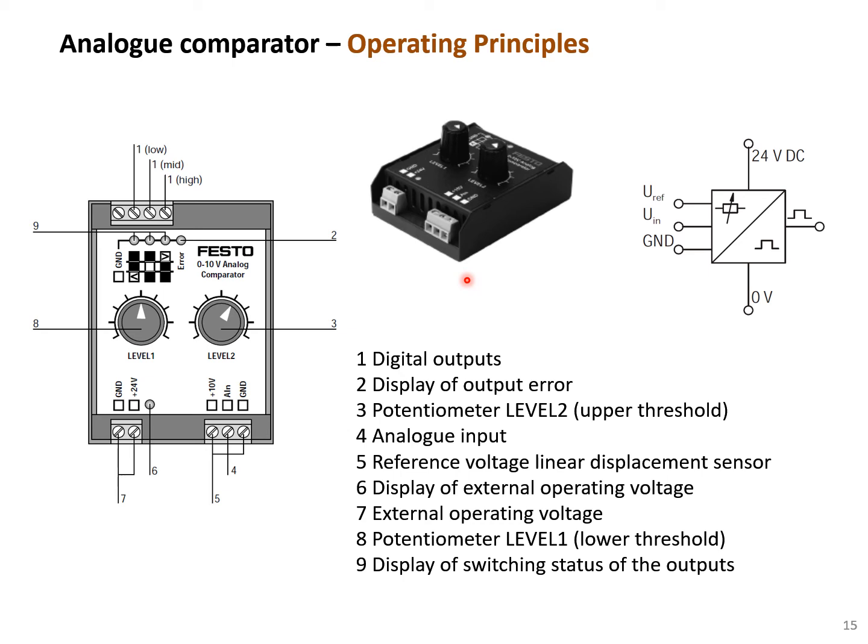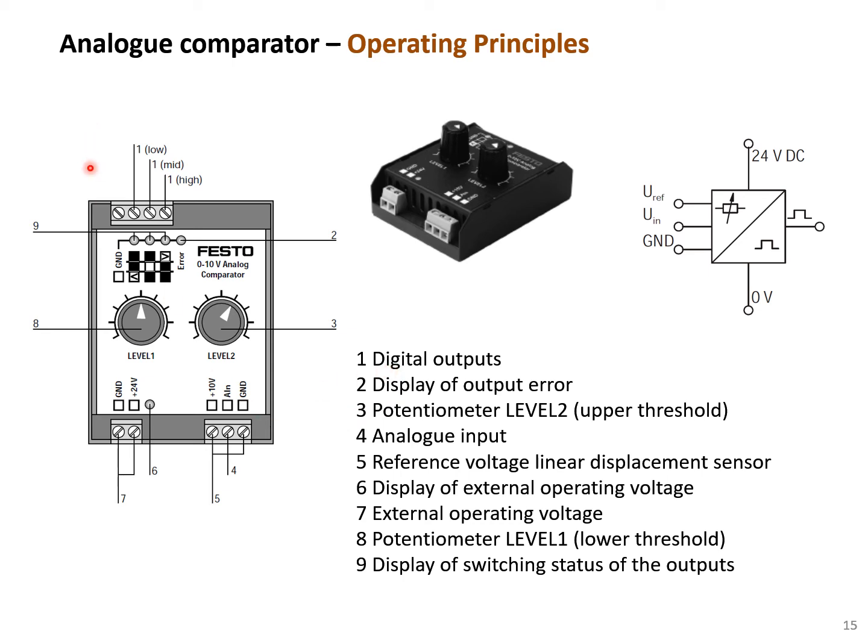So we need to have this. I will explain that. We have 2 knobs here, and the operator could change the level of them. We have level 1 and level 2. Those basically change the level of the voltage.